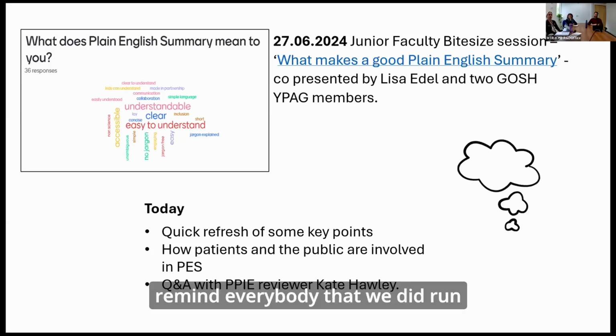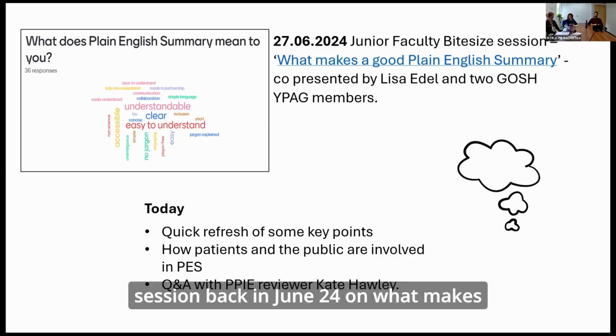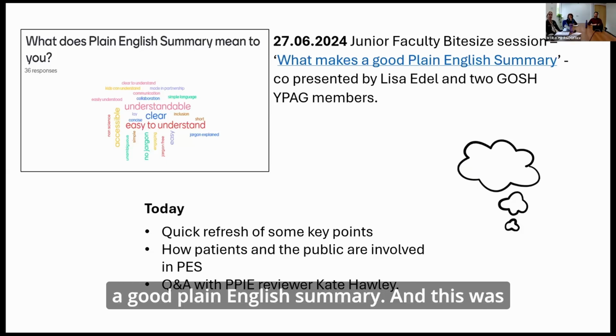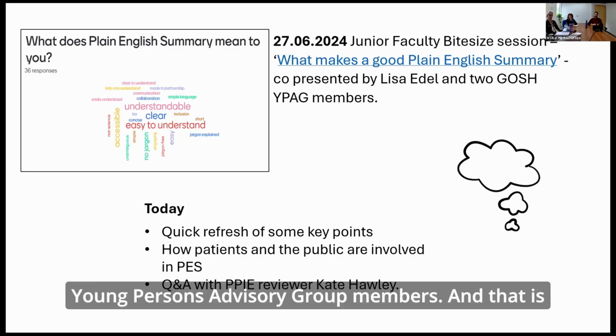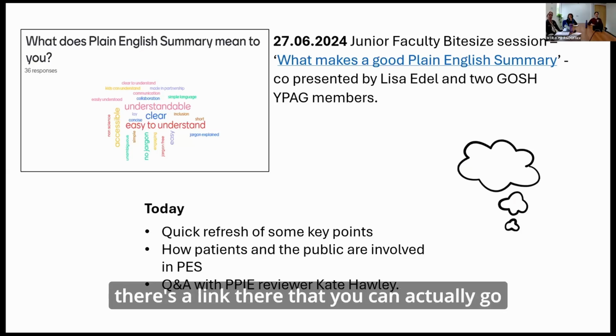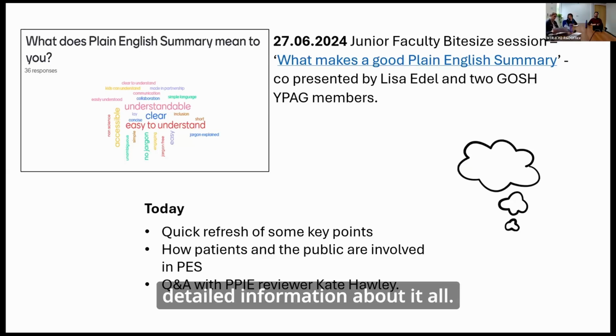Just to remind everybody that we did run a bite-sized session for the junior faculty back in June 24 on what makes a good plain English summary. This was co-presented by Lisa Edel and two of the GOSH Young Persons Advisory Group members. There's a link there so you can go and listen to and look at that session for more detailed information.